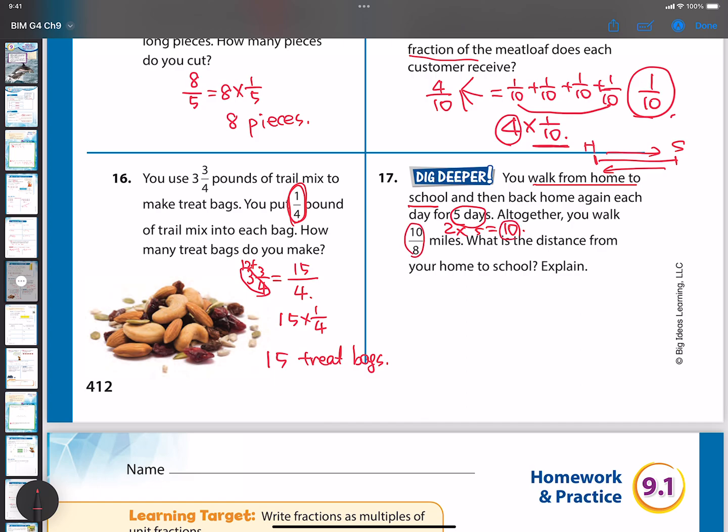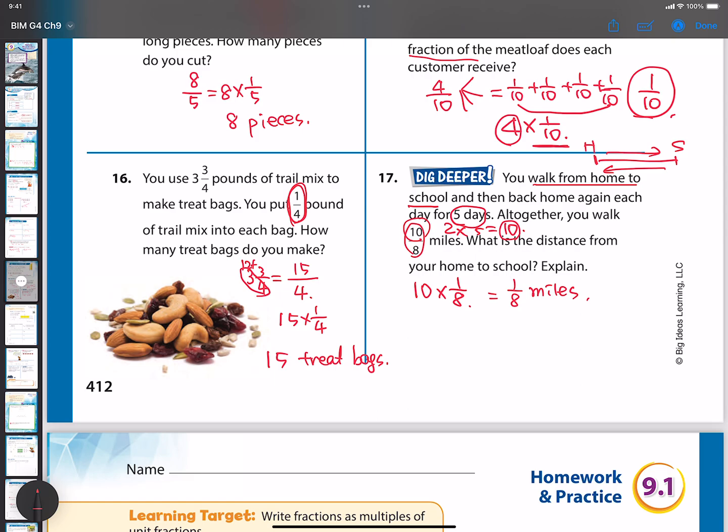So here you go. Already, you see the clue? 10, 10. That means you walk 10 times 1 over 8. That easy. The answer is 1 over 8 mile each time. So every day you walk 1/8 to go to school and another 1/8 to come back home.